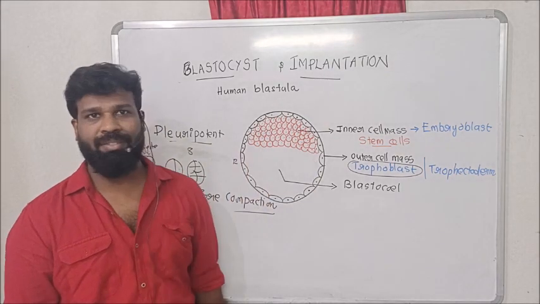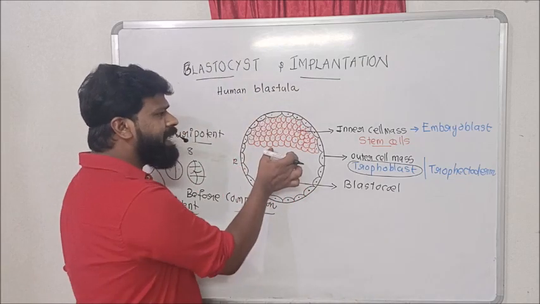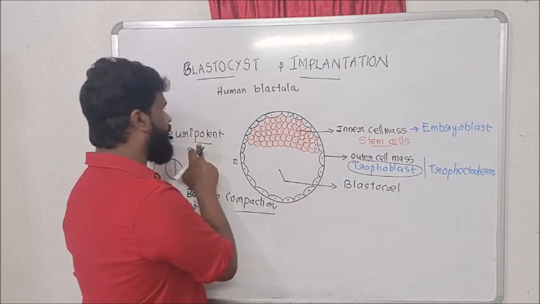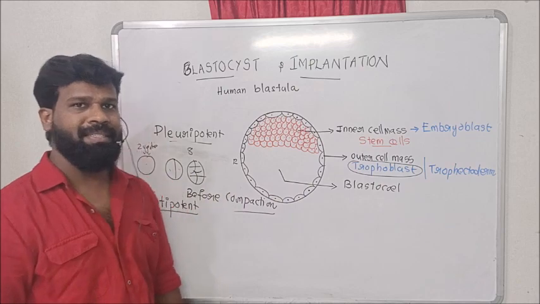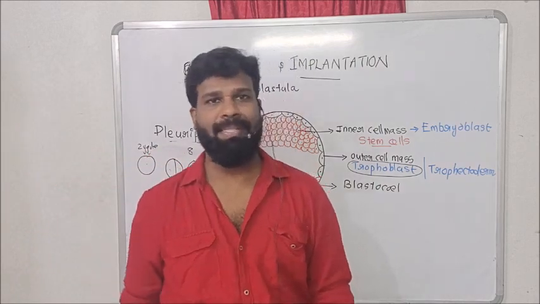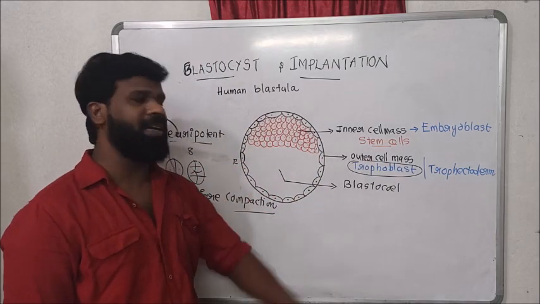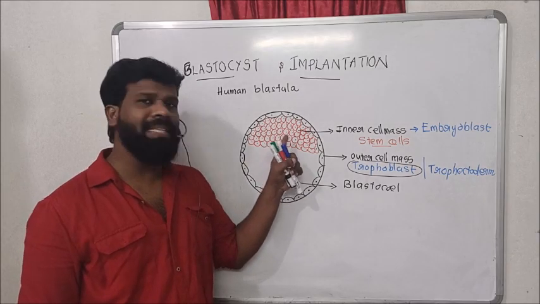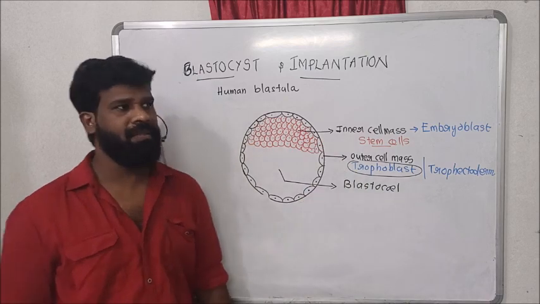Then after compaction, they lose that totipotency. Then the cells of this inner cell mass are pluripotent, able to develop all cell types except trophoblast. So this is the difference between totipotency and pluripotency. Only this inner cell mass contains the pluripotent stem cells.